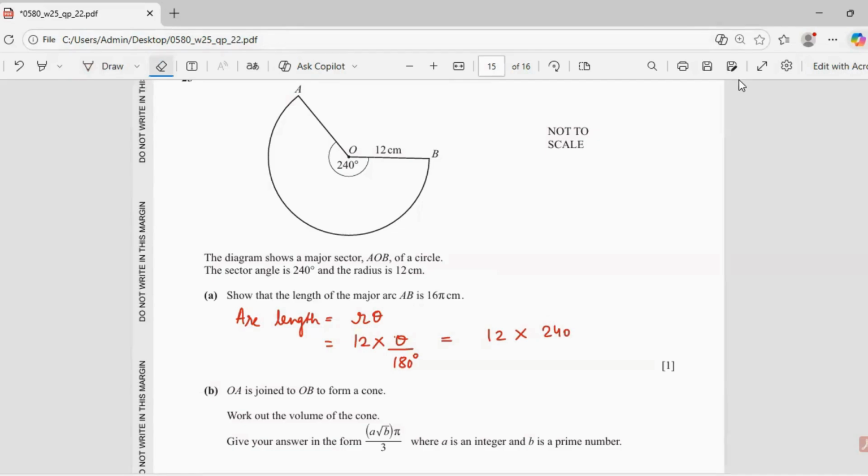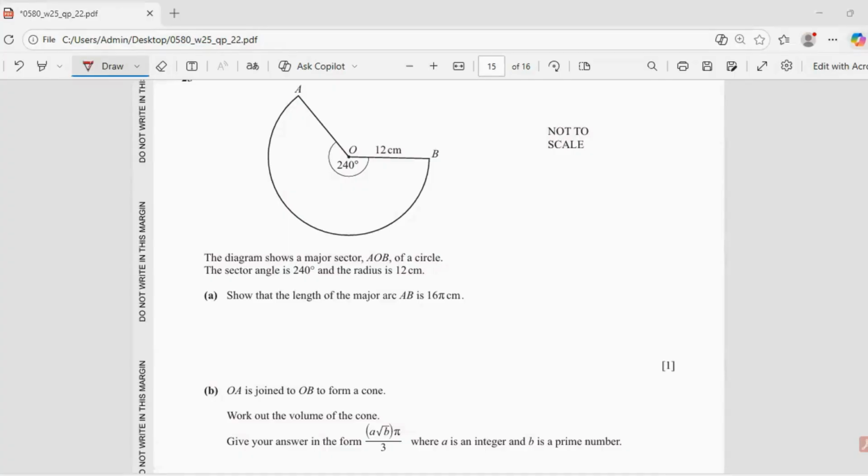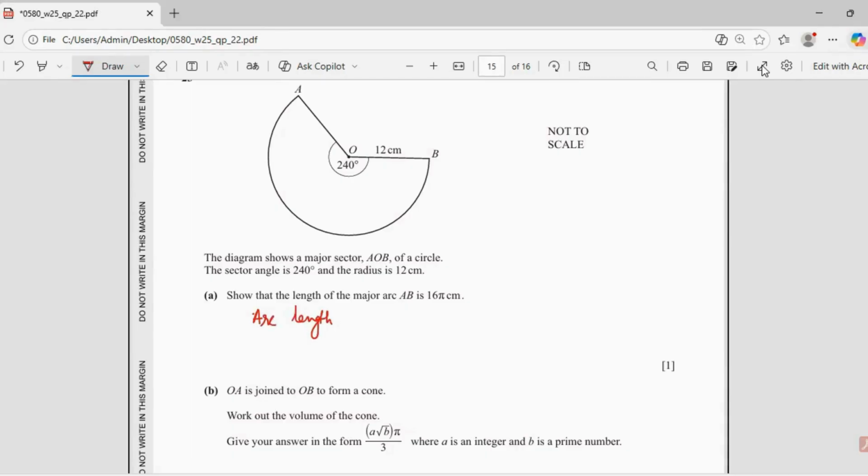Now to show that the length of the major arc AB is 16 pi centimeters, the arc length formula is theta upon 360 degrees into 2 pi r, which is 240 upon 360 into 2 into pi into the radius, given as 12 centimeters. This is 6 and this is 4, this is 2, this is 3 and this is 4. So this is 8 into 2, 16 pi centimeters.